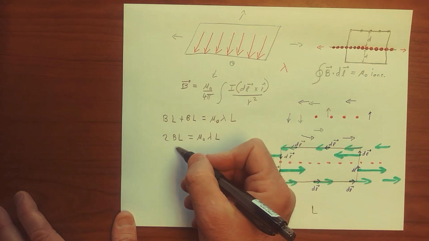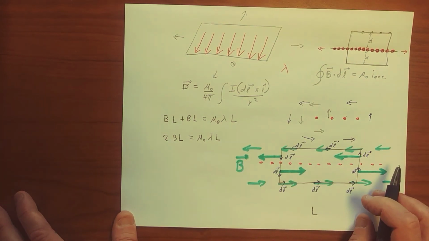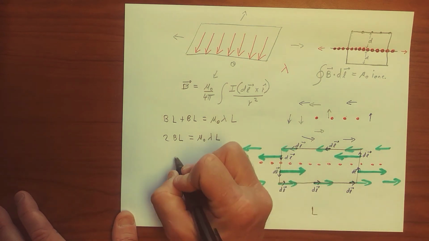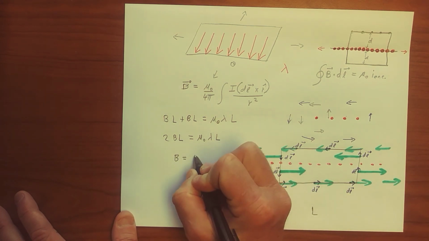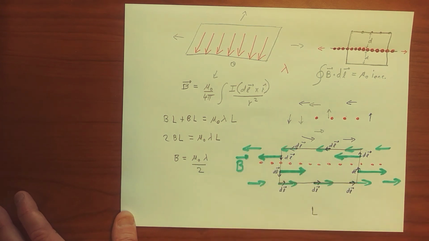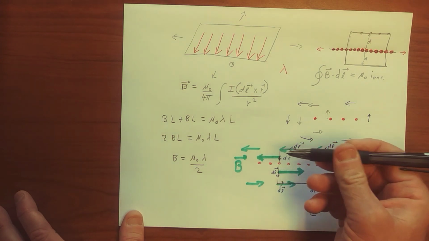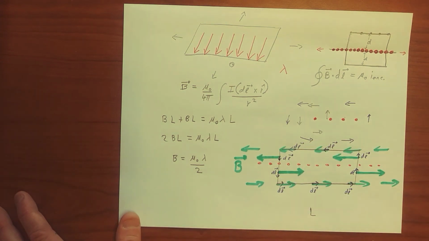Here it's just the length version of that, because magnetic fields circle around the source and they don't diverge away. And so we get the magnitude of the magnetic field is mu naught lambda over 2, and the direction is such that above it's to the left and below it's to the right.